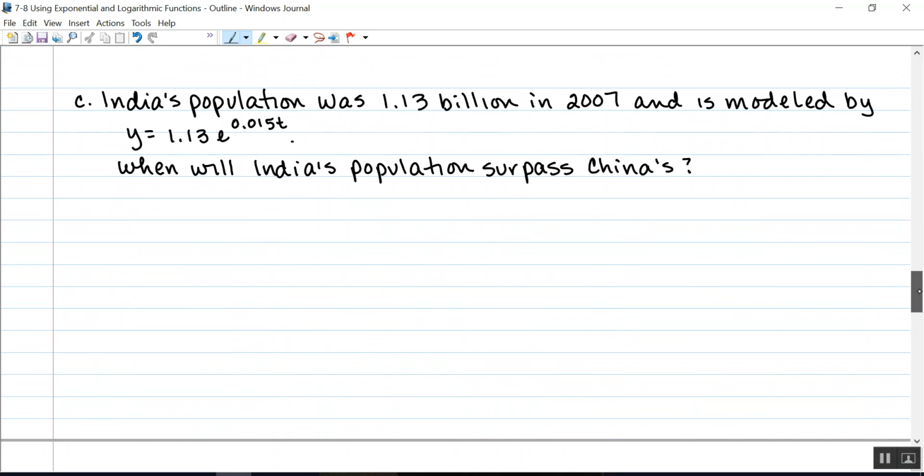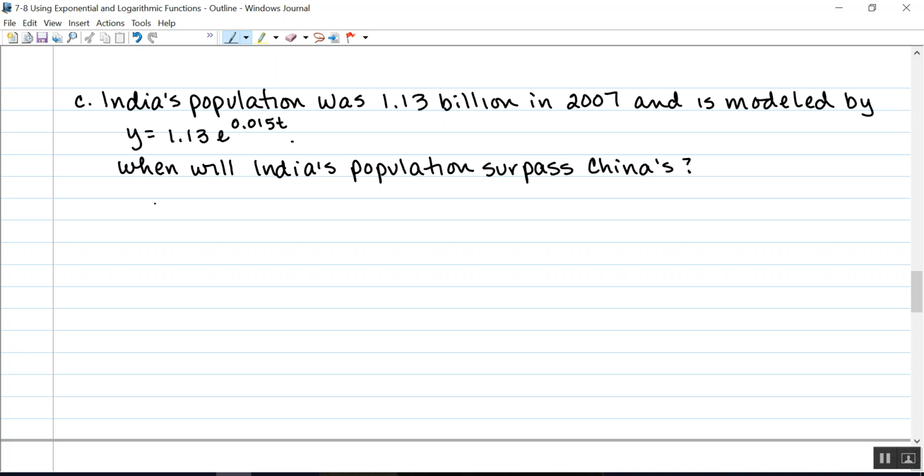And the last part of this question says, India's population was 1.13 billion in 2007 and is modeled by this equation right here. When will India's population surpass China's? So in other words, when will this population be greater than that of China's?